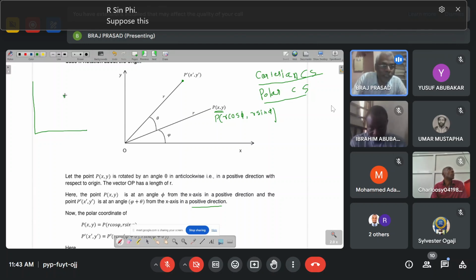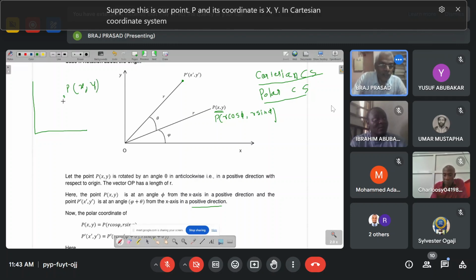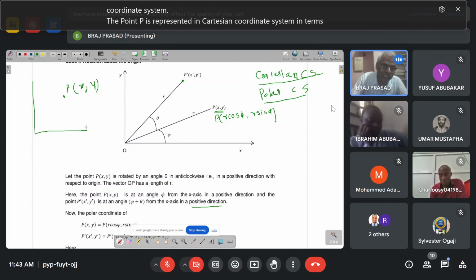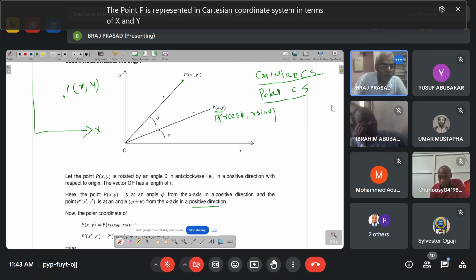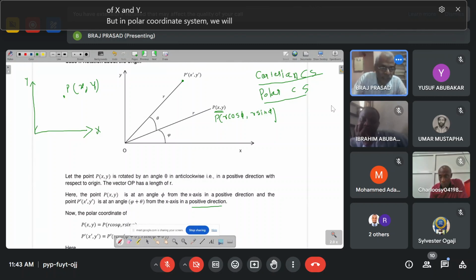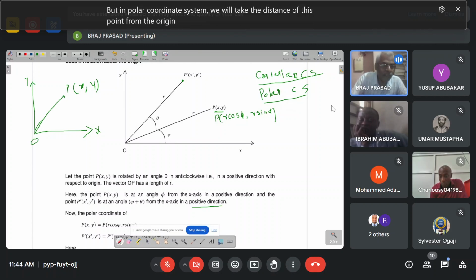Suppose this is our point P and its coordinate is xy in the Cartesian coordinate system. The point P is represented in terms of x and y. But in the polar coordinate system, we take the distance of this point from the origin, suppose it is r.